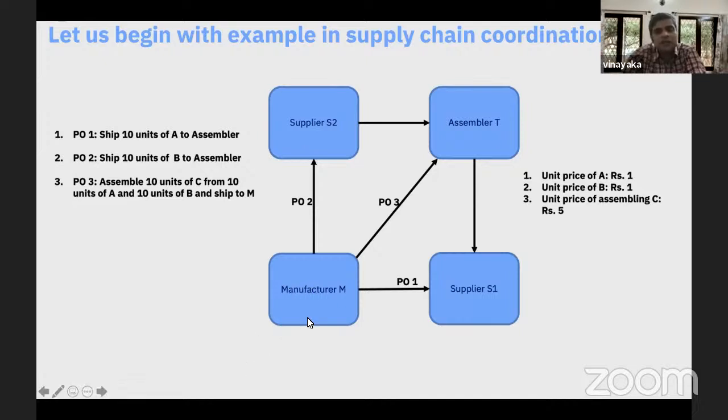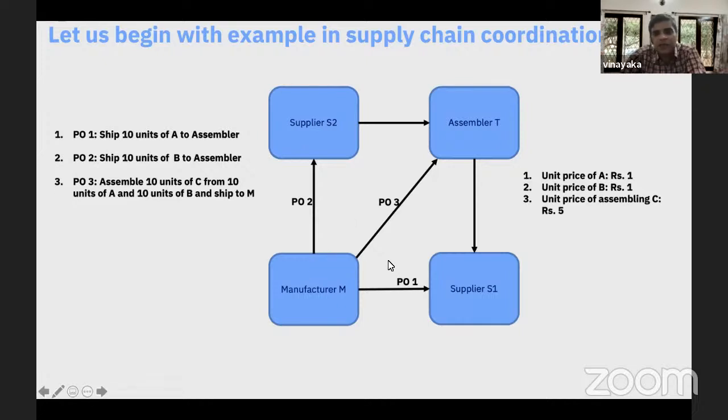We have a simple situation with a manufacturer, which we call M, two suppliers, S1 and S2, and an assembler T. Whenever I refer to these entities as he, wherever you feel comfortable, replace he with she. I do not mean to say it in any gender-biased manner.